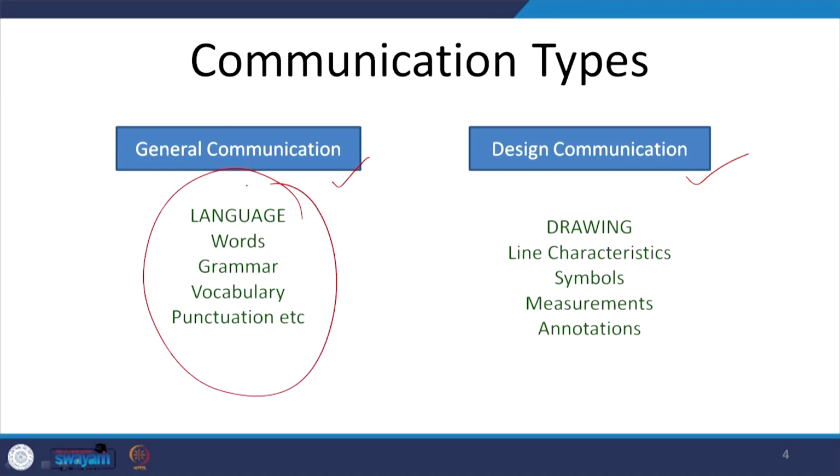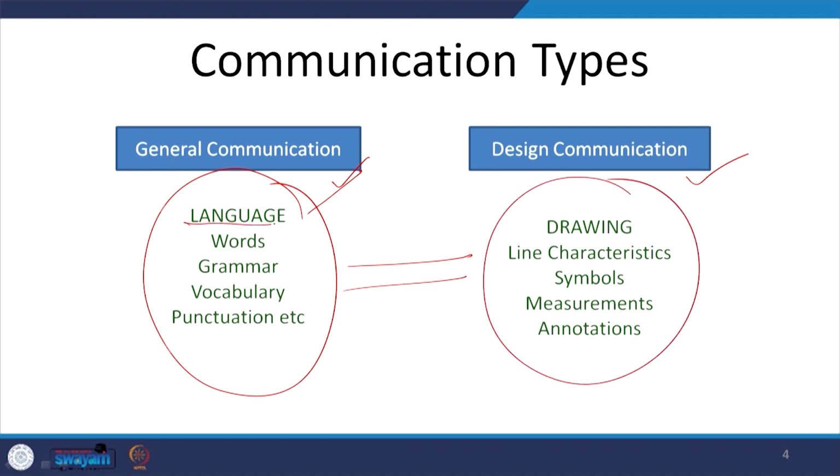We could speak or write through this language, and it is comprised of words, its own grammar, vocabulary, punctuation, etc. Exactly these same components of general communication can be equated with design communication.